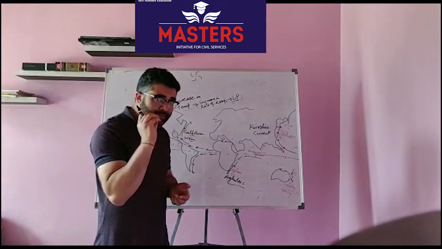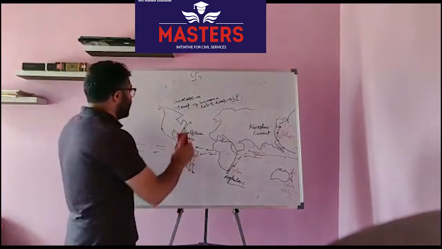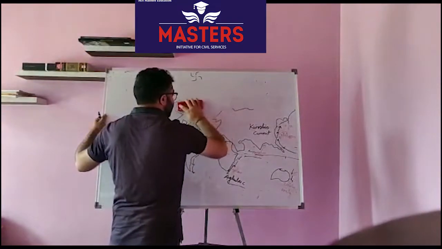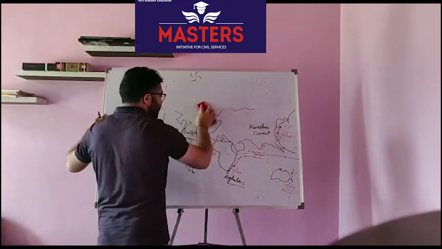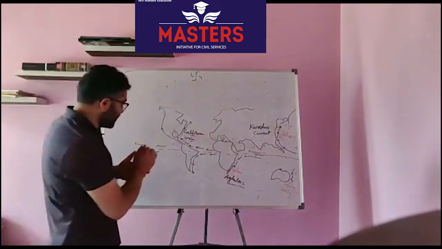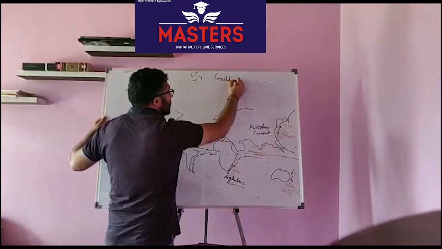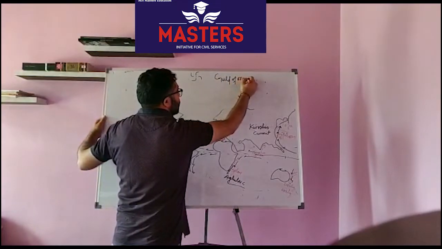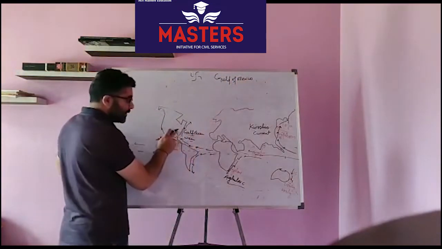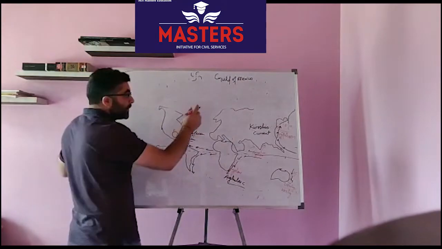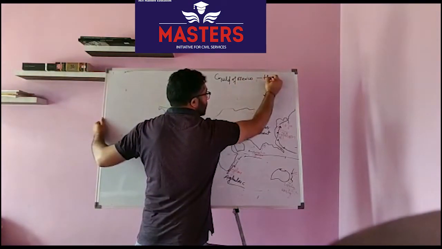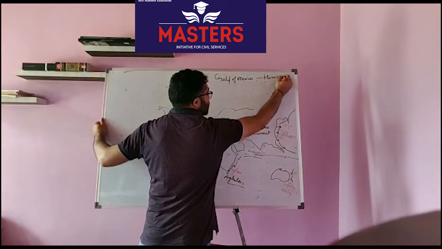Now, where is it happening more prominently? If you see the regions where the warm ocean currents show the prominent effect, let's start here. In the Atlantic Ocean, the Gulf of Mexico, and the name of the current? Gulf Stream. Call it hurricanes.